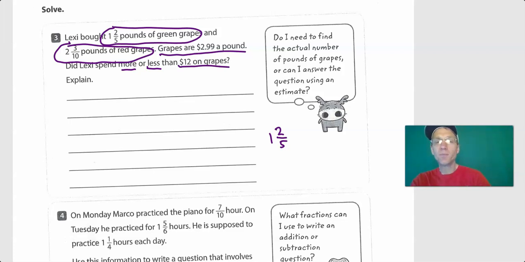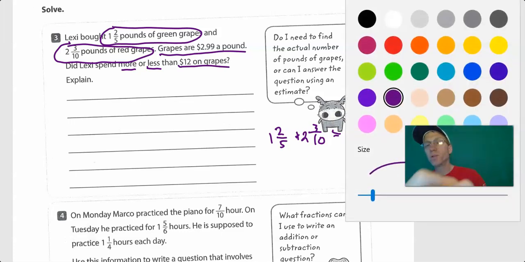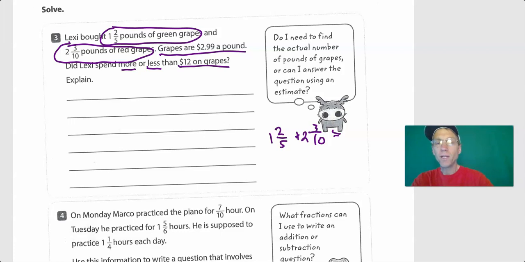So 1 2/5 plus 2 3/10. And you'd say, well, I can't add those. Those aren't common denominators. But you're probably starting to get the idea that if I skip count by 5, I'm going to get 10. So I can change that.